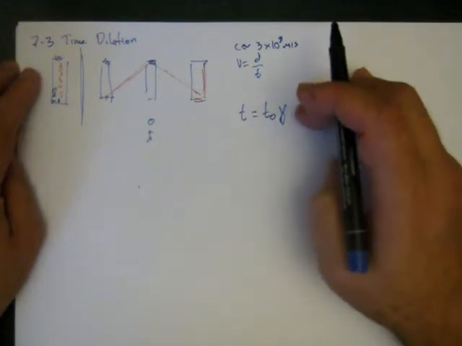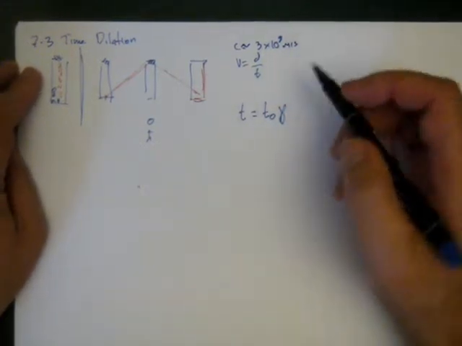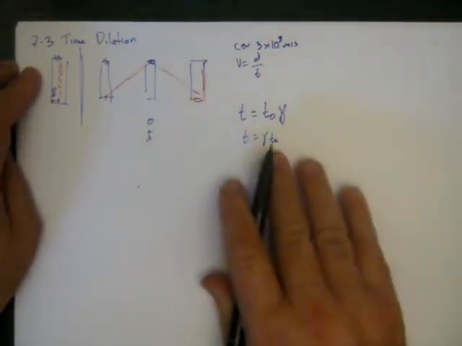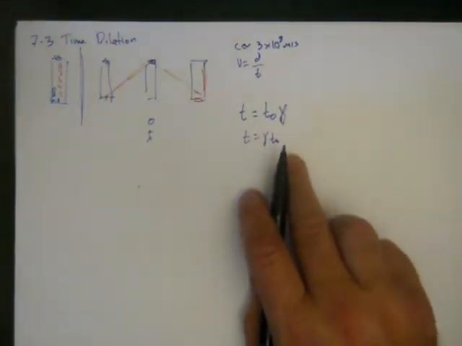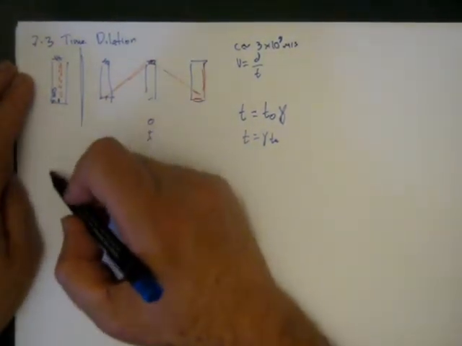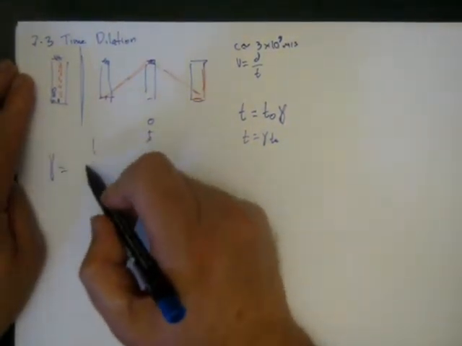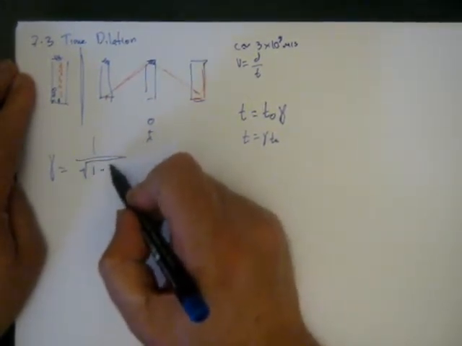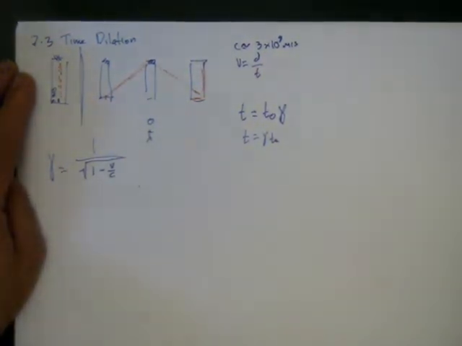So what is this gamma factor? Well, you can go through the notes and it does the complete derivation for you, but basically the gamma factor is equal to 1 over the square root of 1 minus v over c.